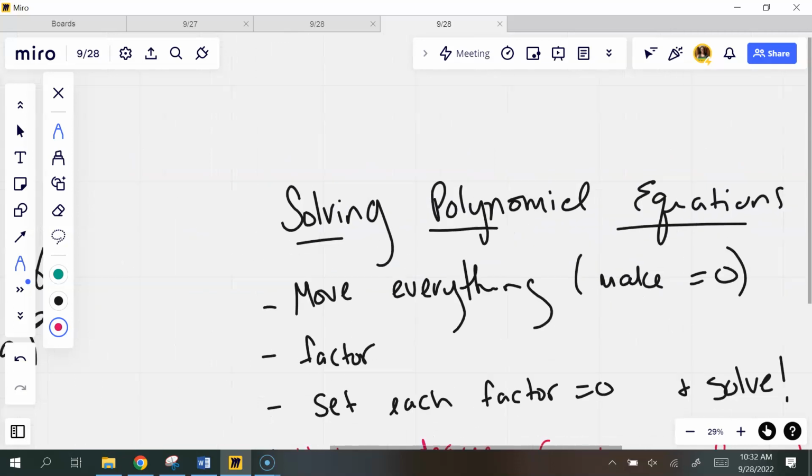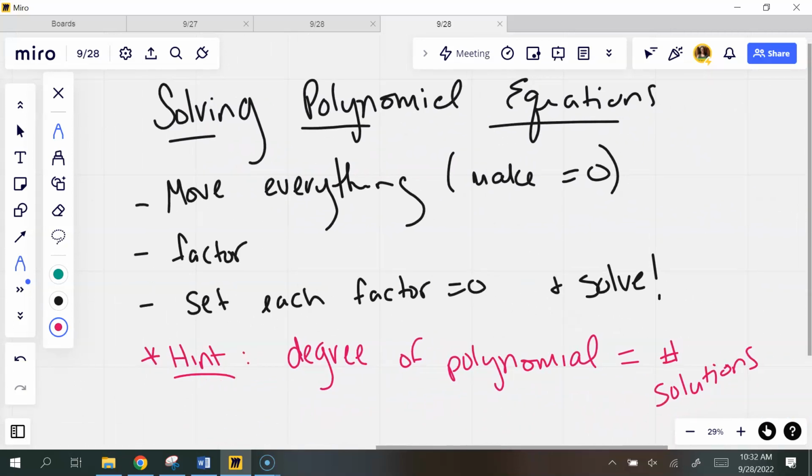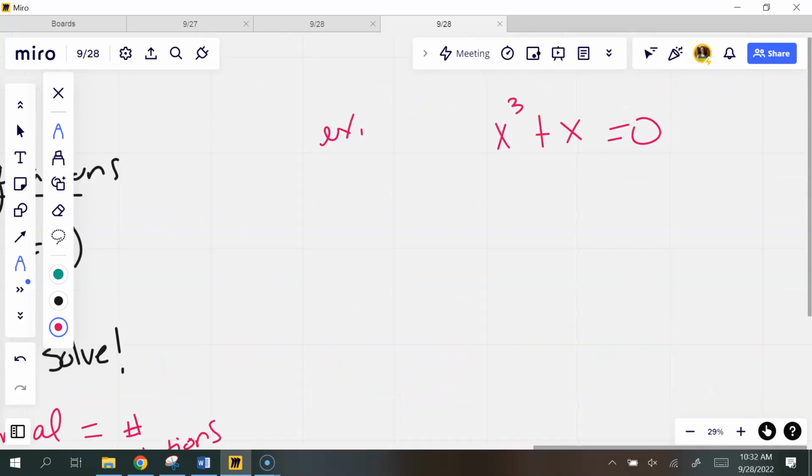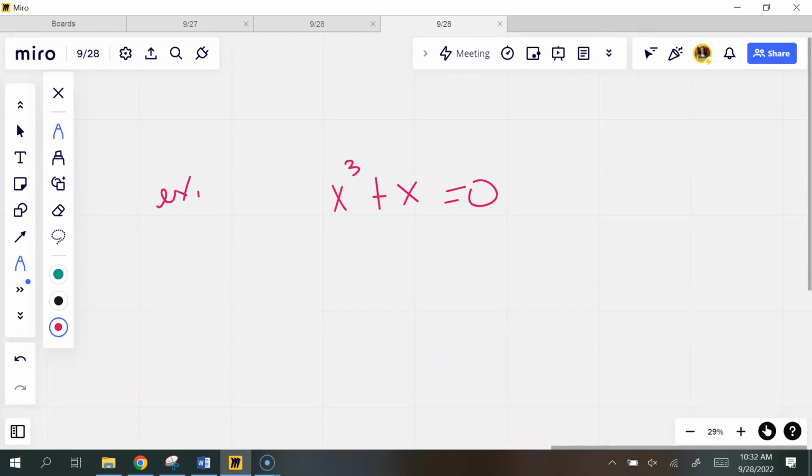What are you supposed to do? Make everything equal 0. Factor. How does that factor? Take out x. My first step in factoring is always look for a GCF. If I take out x, what's left? Can I factor it any further? No, it doesn't square it.